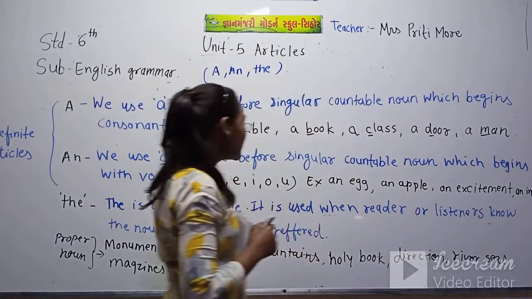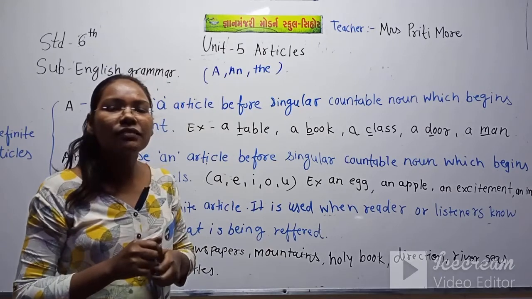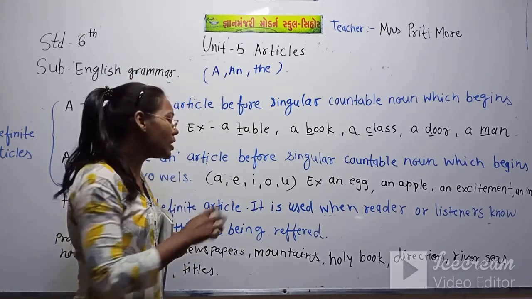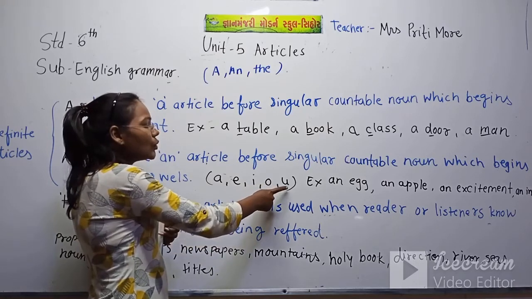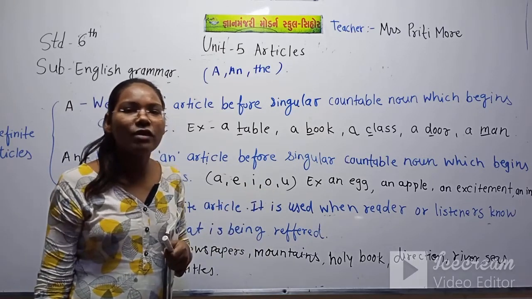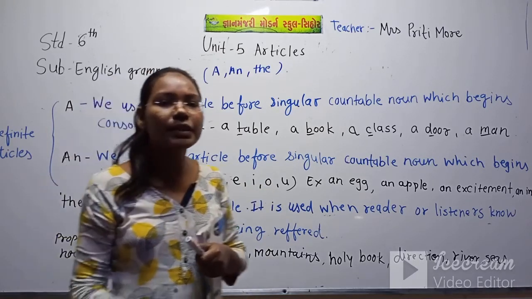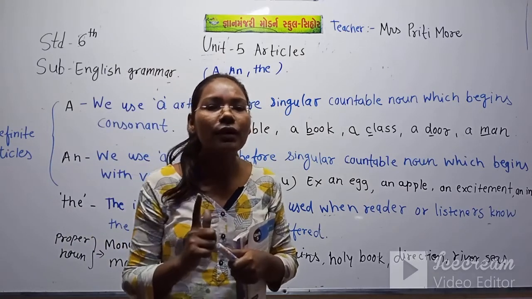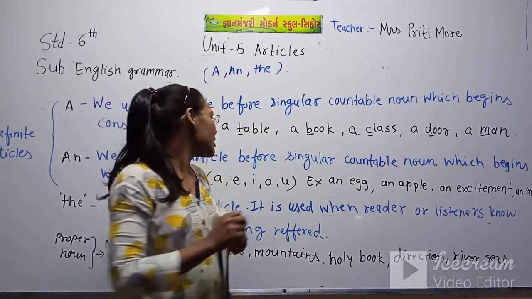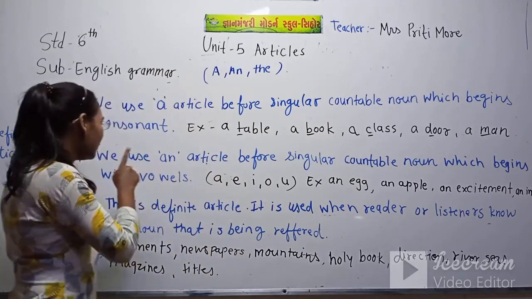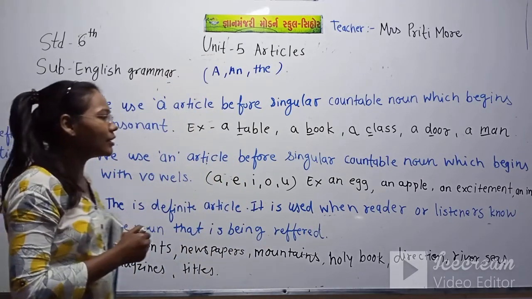Now see here, these all words begin with the vowels, and the vowels are A, E, I, O, U. When the singular countable noun begins with a vowel, that time we use an article.